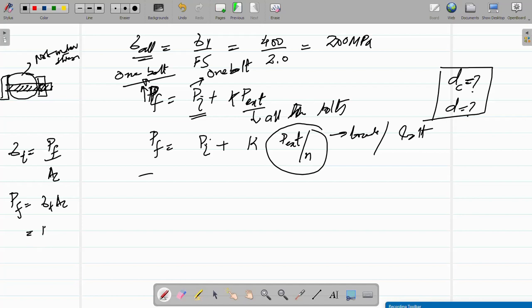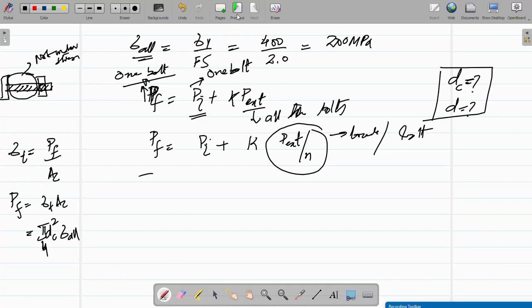AC is pi by 4 DC squared. Again, the area is perpendicular, and the core diameter, because it's the lowest diameter we have to consider, times the tensile stress. And tensile stress can be written as sigma allowable. This allowable stress is the stress you have to use.